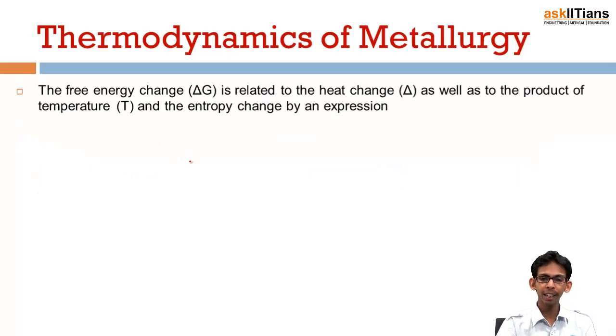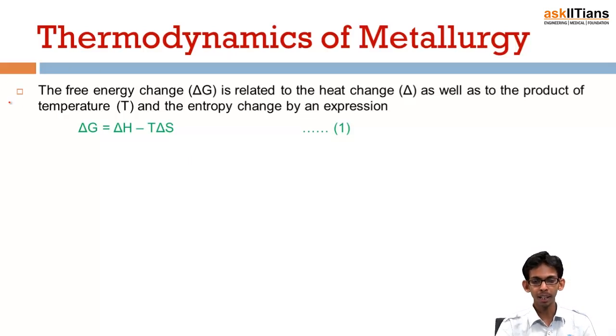Now Gibbs free energy is related to the heat change as well as the product of the temperature and entropy, given by an expression. This is the way we can calculate delta G. I have just told you that delta G should be negative. Now how would I know whether delta G is negative or positive for any reaction?